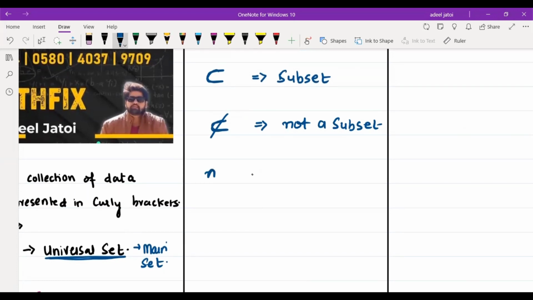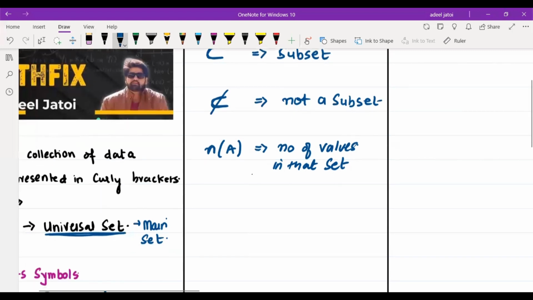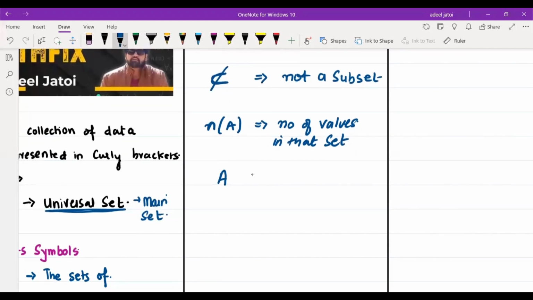If any set is represented by n, that means the number of values in that particular set. If it is A dash, it is a complement set.